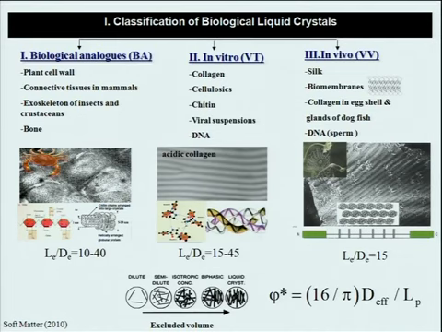The other big category is in vitro, so these are extracted biopolymer solutions that people use for biomimetics or tissue engineering, for example, precursors. So here we have polypeptides, cellulosics, viral suspensions in solvents, giving rise to nematic and cholesteric phases.